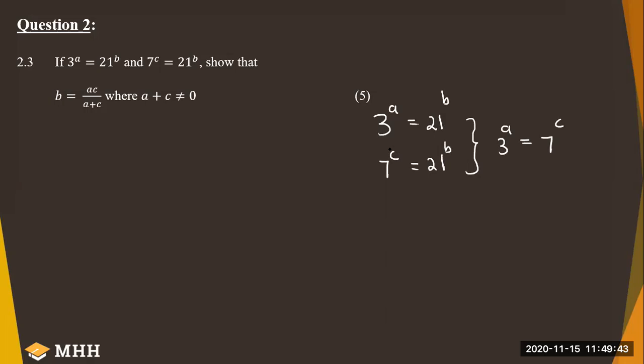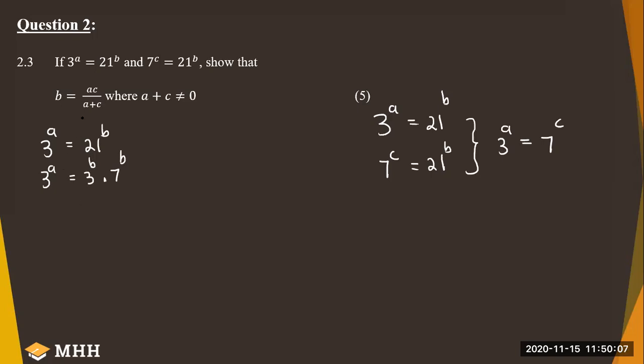We always break down into prime numbers, don't we? So I can break down 21 to the power of b into prime numbers. So I can write this as 3 to the power of b times 7 to the power of b.